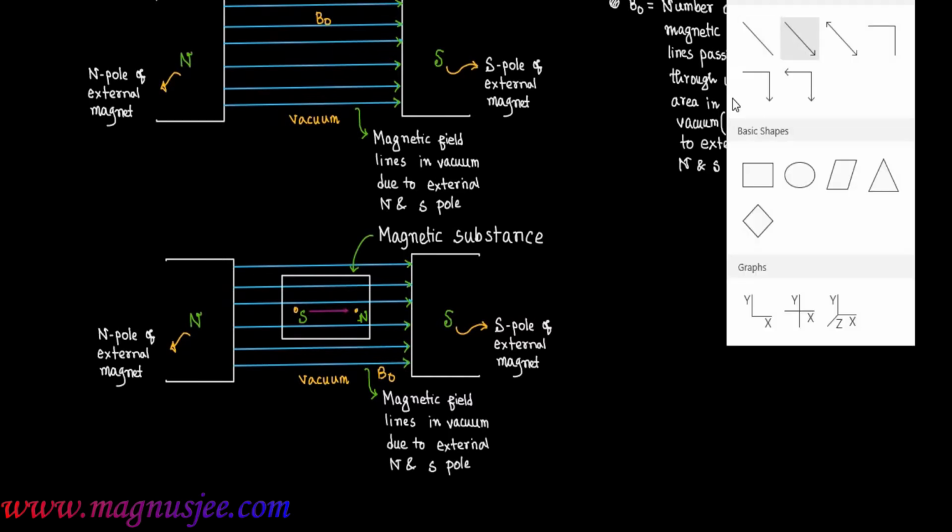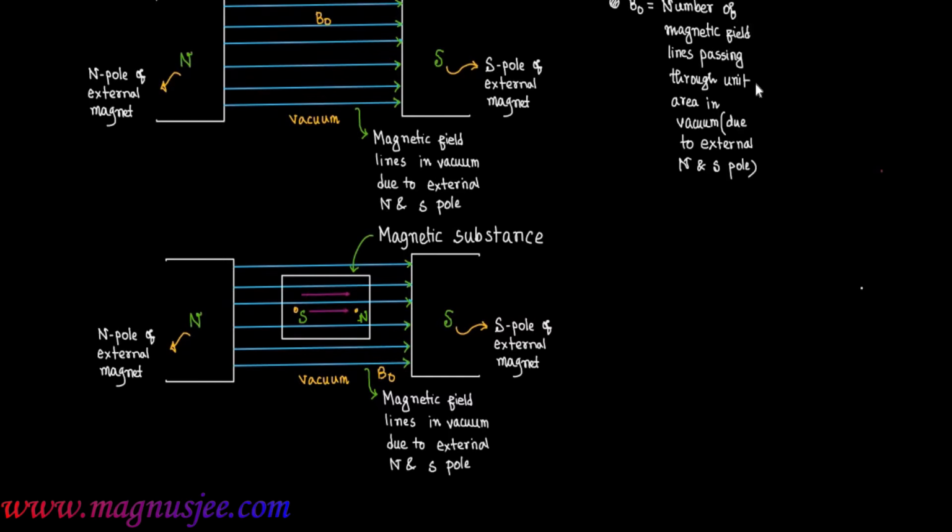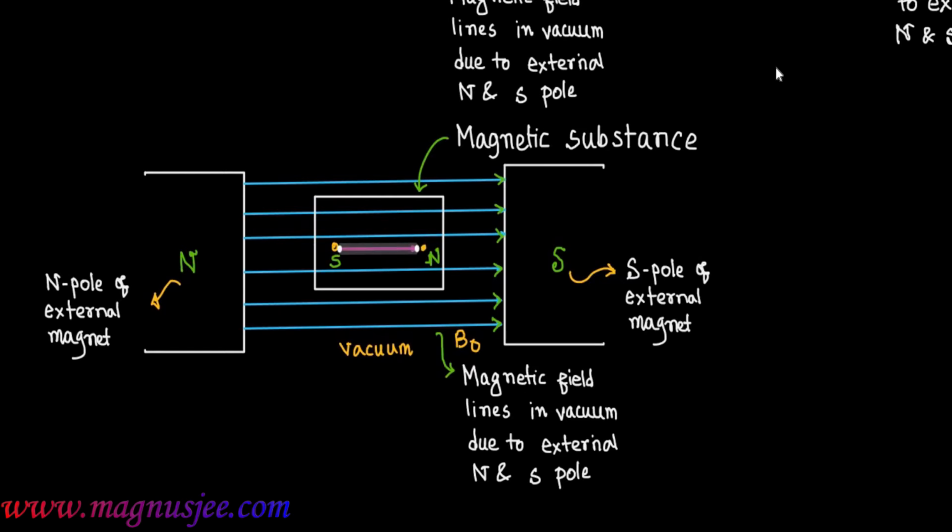We can denote magnetic field lines produced due to the magnetization.